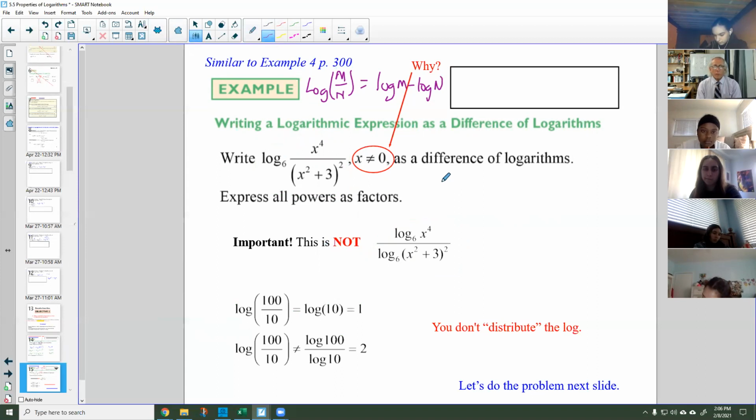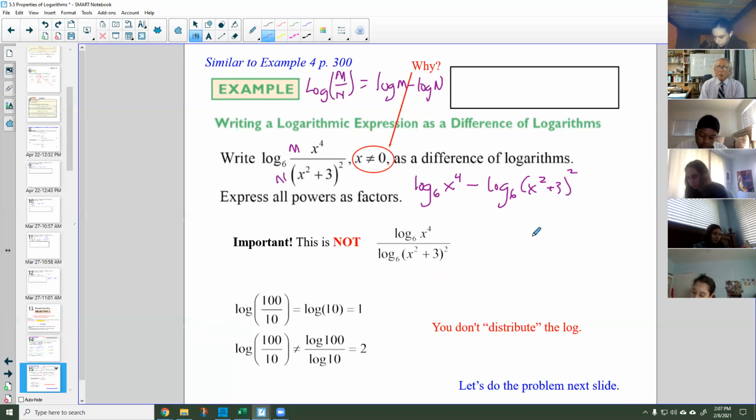So that's where I'm going to start. I'm going to say this is my m, this is my n. So I have log base 6 of x to the 4th minus log base 6 of x squared plus 3 squared. So that's how I would start this.